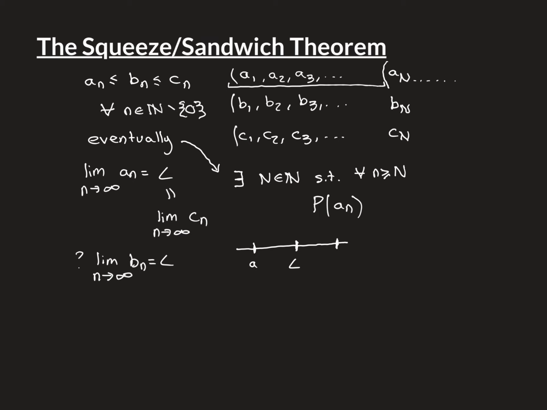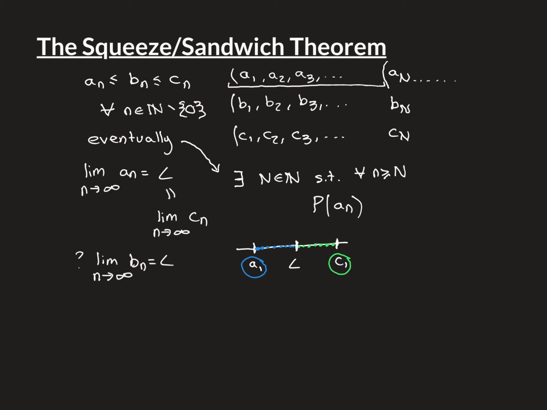So here might be A1, here might be C1, and I might actually do them in colours. So we'll make the sequence A in blue and the sequence C in green. So here come the points A, the A points, so they're going to be converging in on this limit from below here, and the points of C might be coming in from above here so that the inequality is satisfied, so that all the points in A are smaller than those points in C.